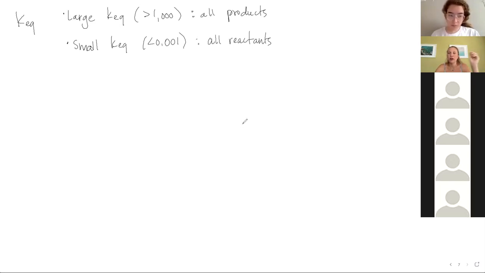Your ratio can come very close to 0, but it's never going to go negative. You're never going to have a negative KEQ. If we have anything between this small KEQ of 0.001 and 1,000, we say that we have some products, some reactants.